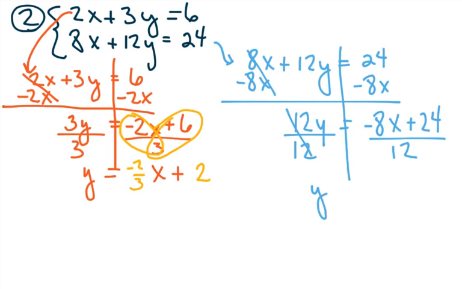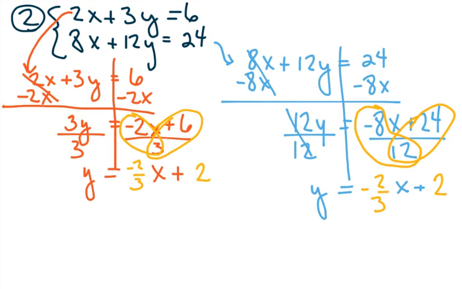We're left with y equals, which is what we wanted. And on this side, we have negative 8 over 12, and negative 8 over 12 simplifies. 4 goes into both of those. It simplifies to negative 2 over 3. We have our x plus, and then we're going to do 24 over 12, and that simplifies to 2.